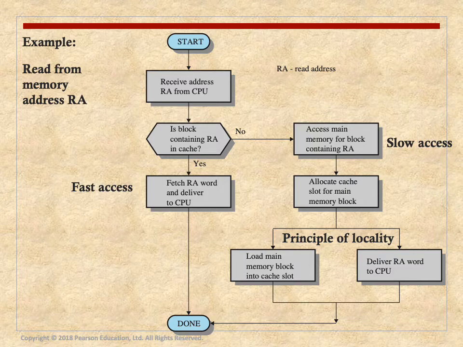The memory block gets loaded into the cache slot, and the word at address RA gets delivered to the processor. In this case, we only have a slow memory access, but we can expect faster memory access in the near future due to the principle of locality. It is very likely that the processor will access words in the near future that are part of the block that we have copied from the main memory to the cache.